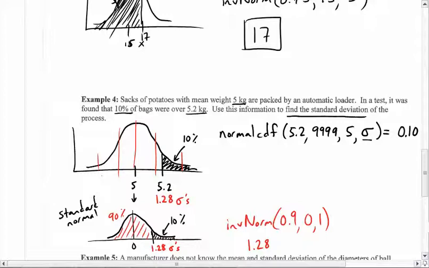So if 5.2 is 1.28 standard deviations, then how much is 1 standard deviation? If 5.2 is the same as 1.28 sigmas, then how much is the same as 1 sigma?